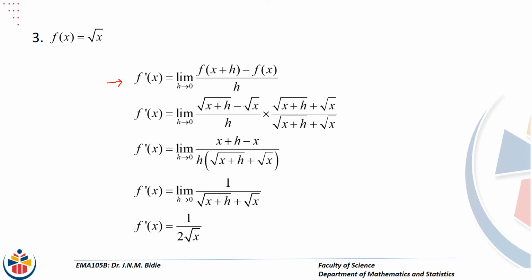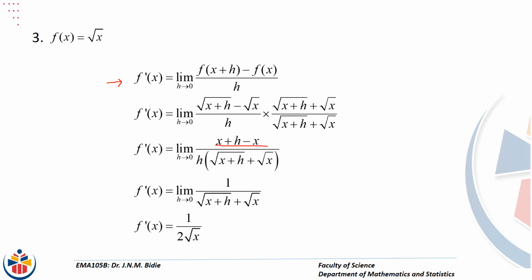So the next term is minus square root of x times square root of x, which is x. Your denominator, no problem with that. And then simplifying the numerator, we're getting h and h cancel out, and you are left with 1 over the square root of x plus h plus the square root of x.